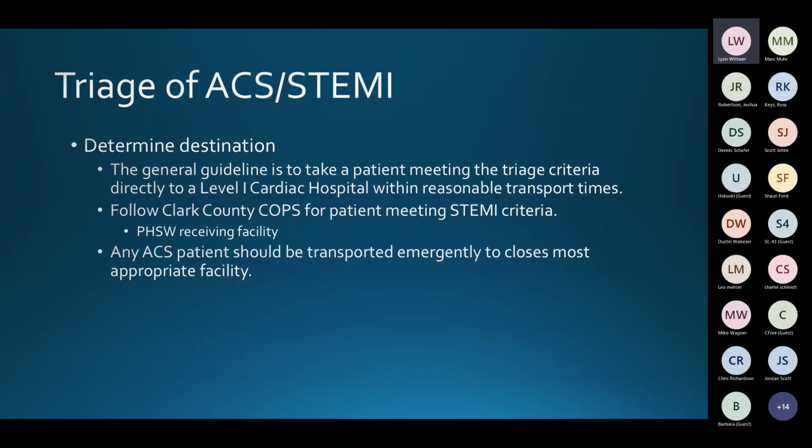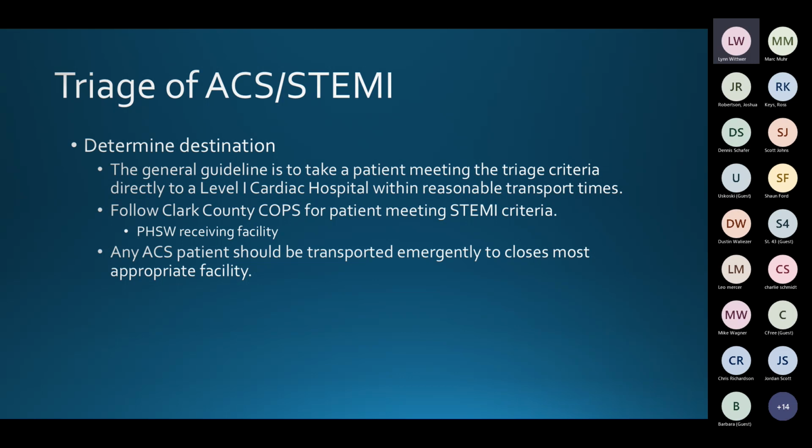This becomes more of a bone of contention in places where they have lots of hospitals, and lots of hospitals are vying for patients. That's not our problem. In Clark County, PeaceHealth Southwest would be the receiving facility if the patient was at high risk for ACS and STEMI.